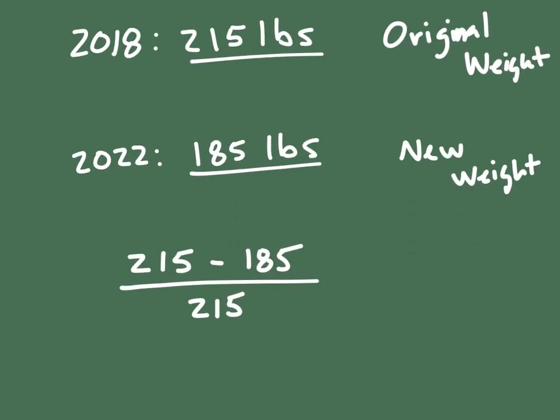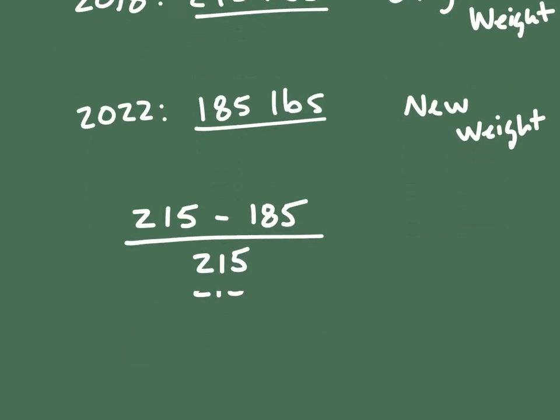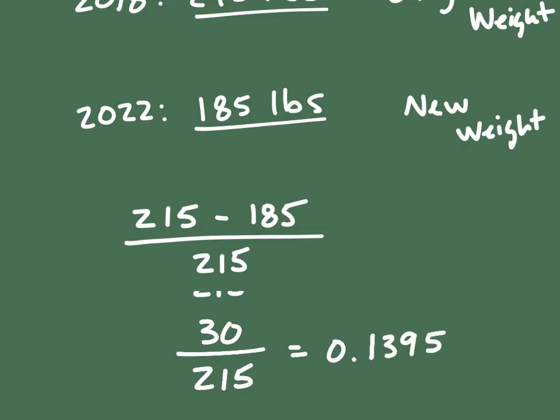So 215 minus 185 gives me a value of 30 divided by 215. When I divide these two numbers, I get 0.13953, and I'm just going to leave it like that.